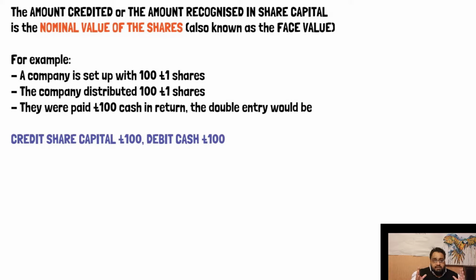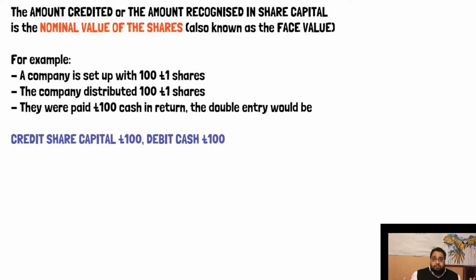So let's take an example. If I set up a company and I have 100 shares that I start with of £1 each, and I distribute them and I pay £100 for those shares in my own company, then I have paid the nominal value of those shares, because the face value is they're £1 shares and there's 100 of them, so 100 times 1 is £100.